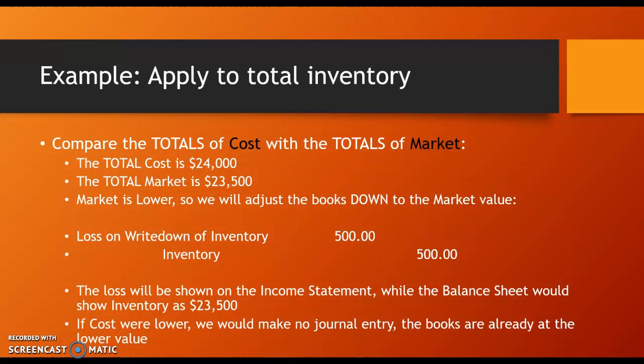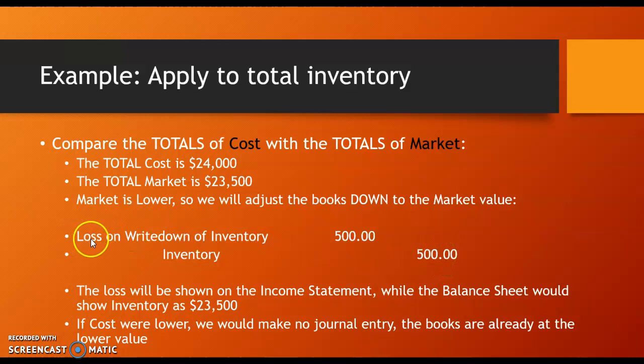Okay, now we can do this again a couple of different ways. Now, one way is that we can look at the totals. The total of the cost column was $24,000. The total of the market column was $23,500. Okay, so that was a difference of $500. We need to reduce the inventory account. We need to credit the inventory account the $500.